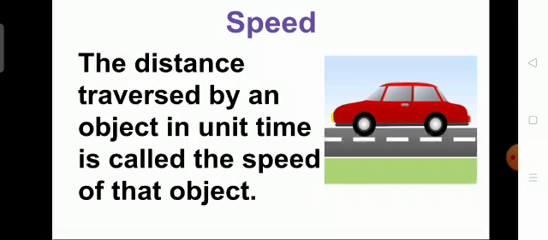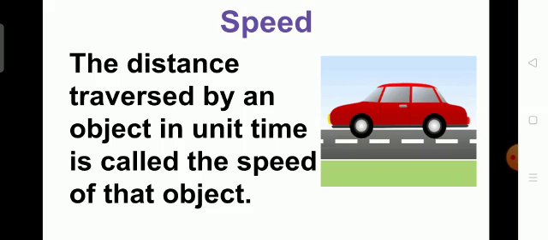Now, what is speed? A vehicle moving on a road travels a certain distance in unit time, say 1 hour.